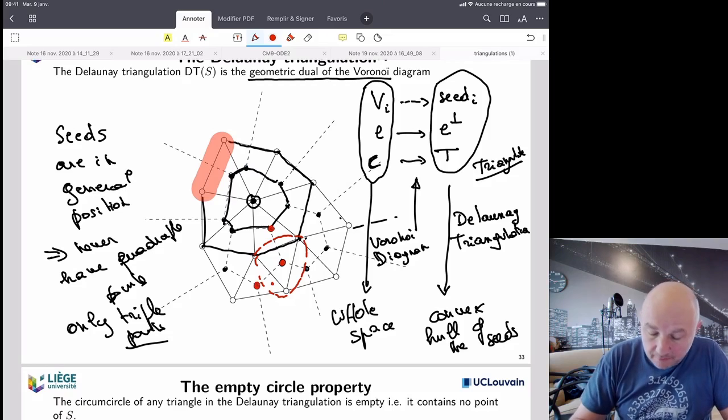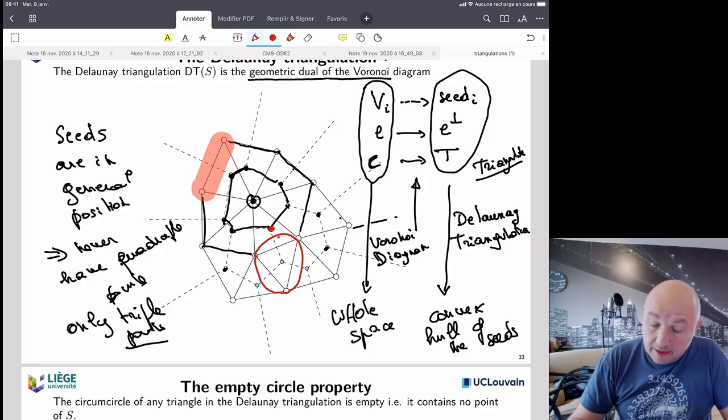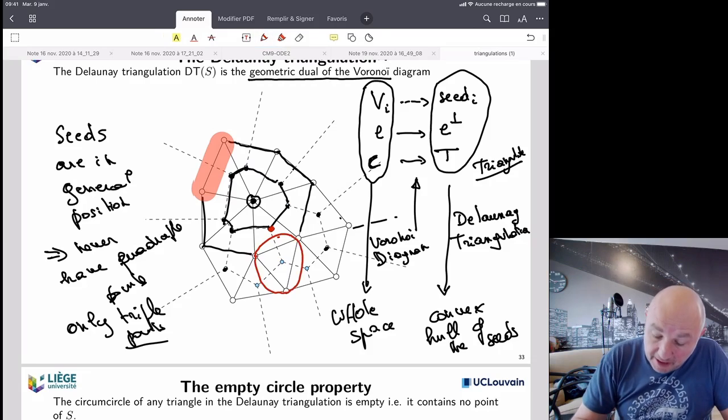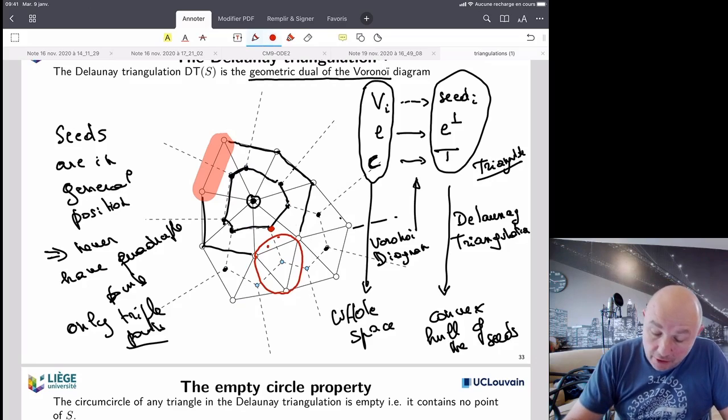Excuse me, again, I'll do it again. Imagine now that I draw the circumcircle of that triangle. If a point here belongs to that circle, it means that this point belongs either to the Voronoi cell of that point, or that point, or that point.